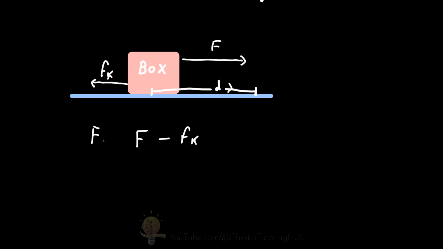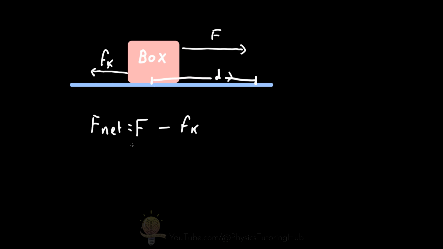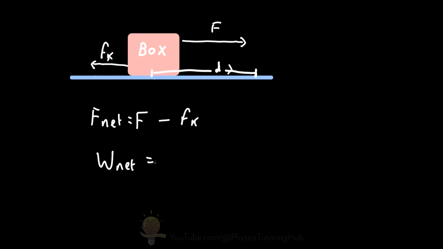And that equals our net force. So our net work on this system is going to equal the net force multiplied by the distance the box moves, multiplied by the cosine of the angle between the resultant force and the displacement vector.